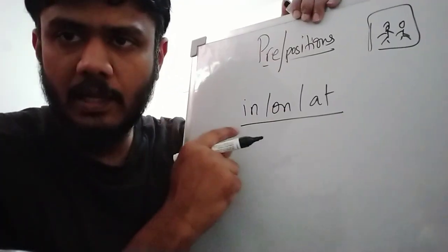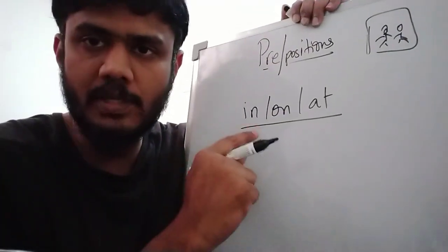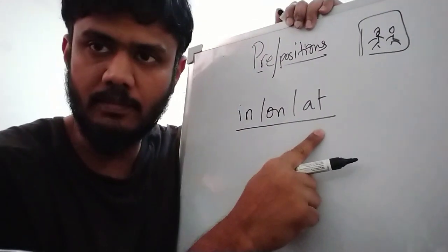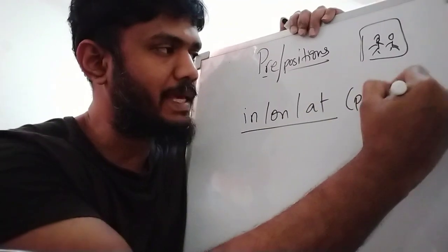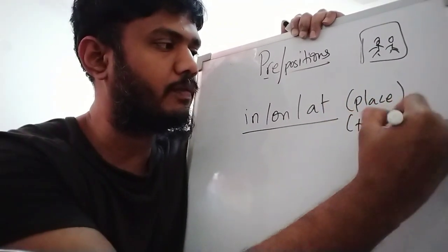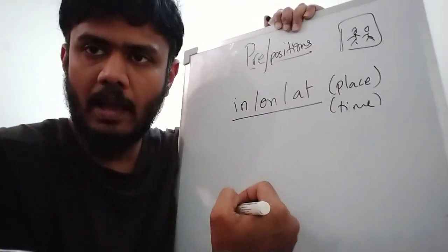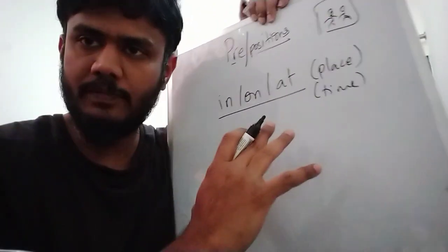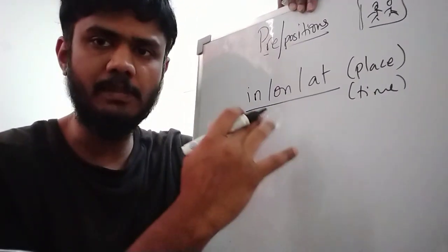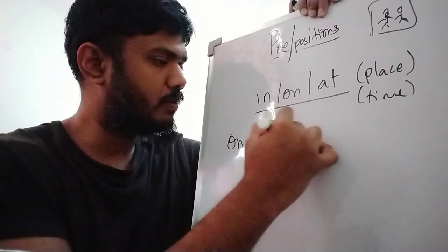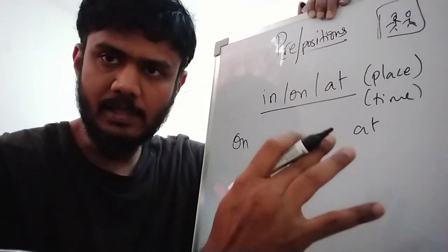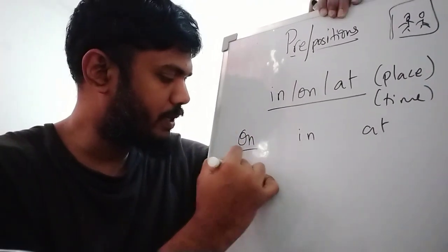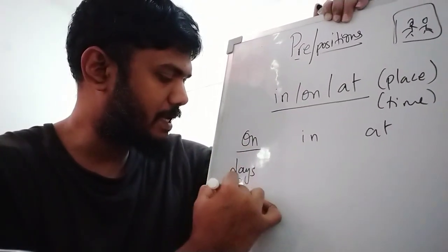Now, the most commonly confused group of prepositions are in, on, and at. These can be used both as prepositions of place and as prepositions of time. Let's look at them as prepositions of time first. It's pretty simple. Where do we use on, where do we use in, and where do we use at? The general consensus is that you use on with days and dates.